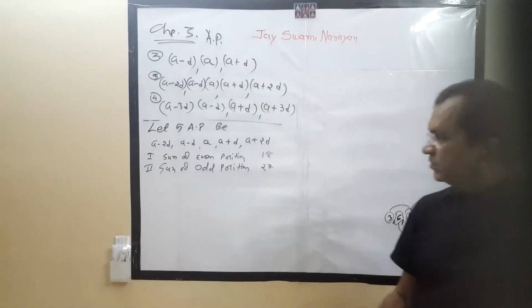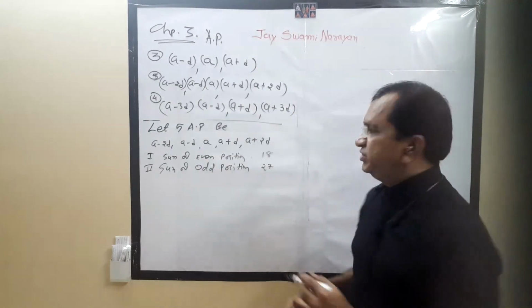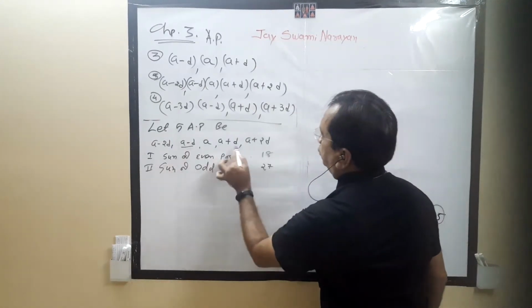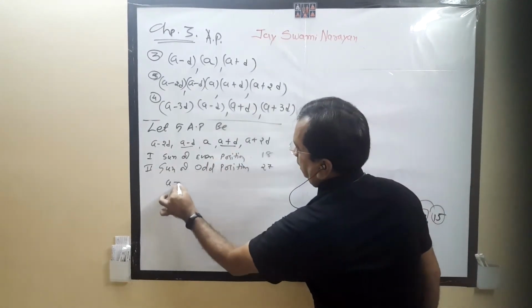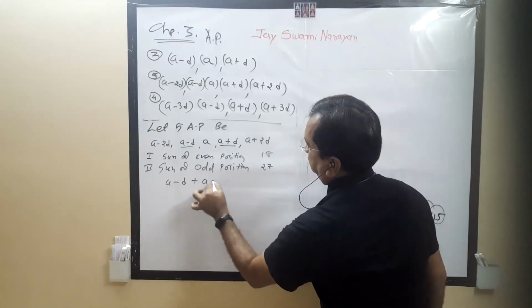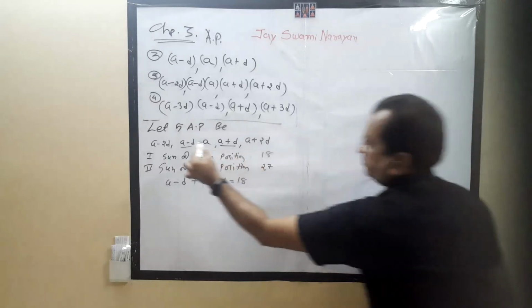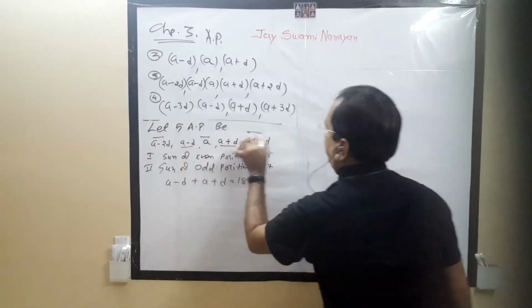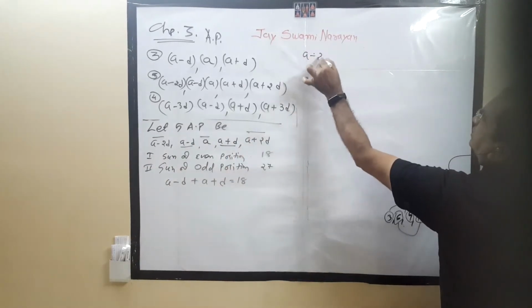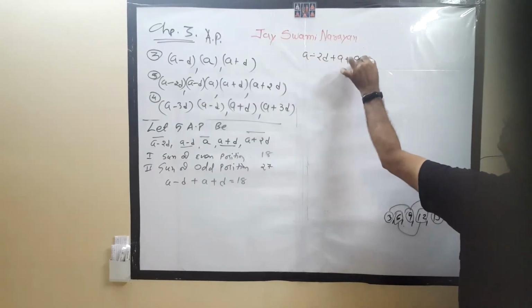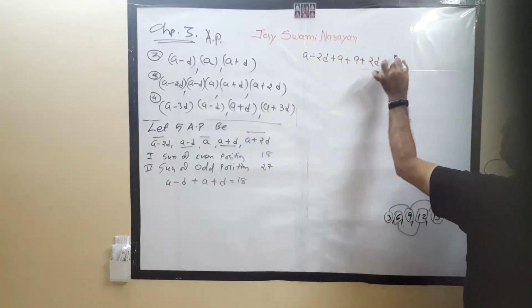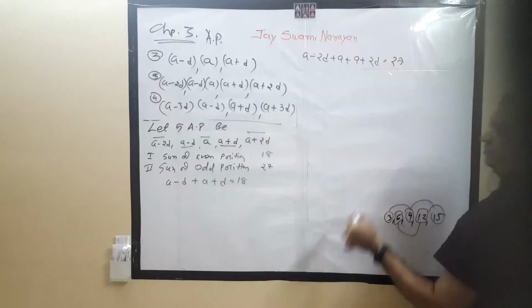Even position means 2 and 4. So a minus d plus a plus d is equal to 18. And sum of odd position 1, 3, 5: a minus 2d plus a plus a plus 2d is equal to 27.